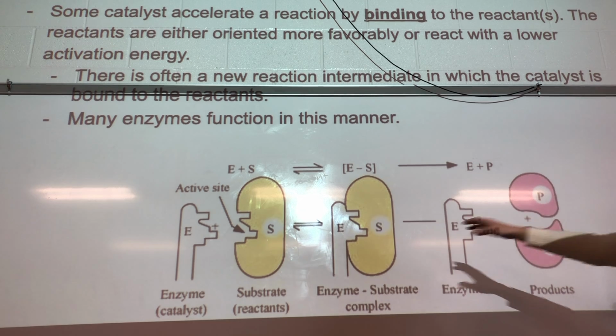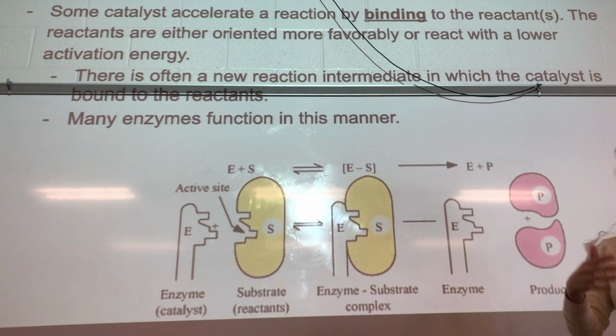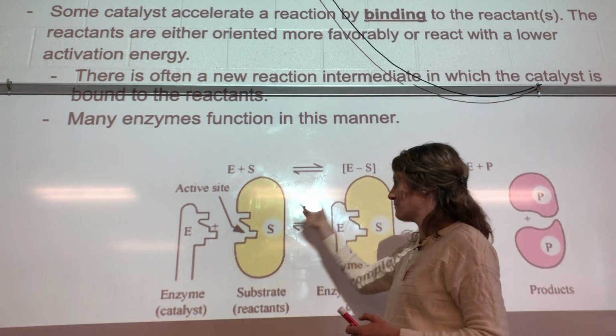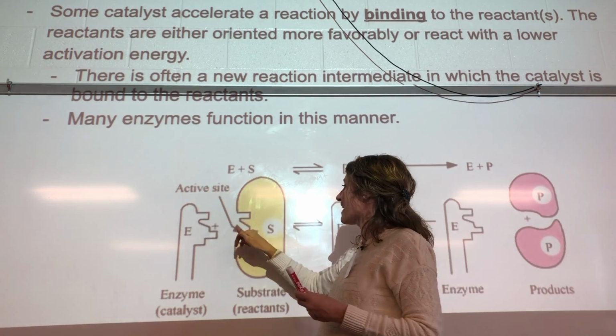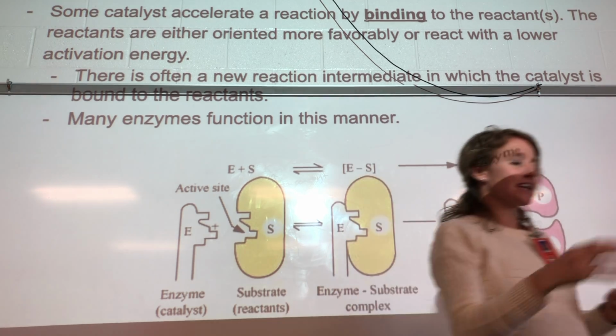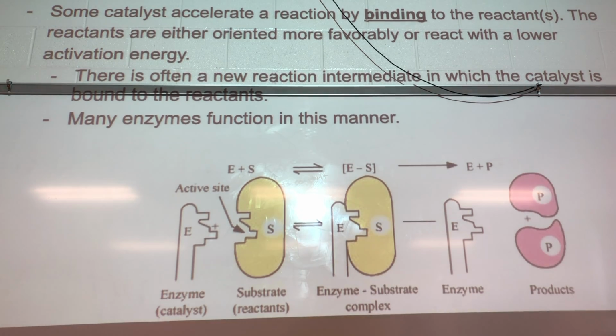And that's an example of an enzyme. So an enzyme is a type of homogeneous catalyst. Particularly, these types of catalysts bind to the reactant to force its orientation to be the right way. Now, what we don't quite see in this funny picture that they always show in biology books is the whole idea of the active site: the active site has something that draws the reactant to come right there.